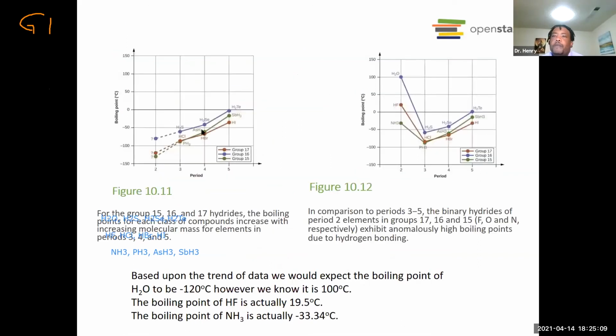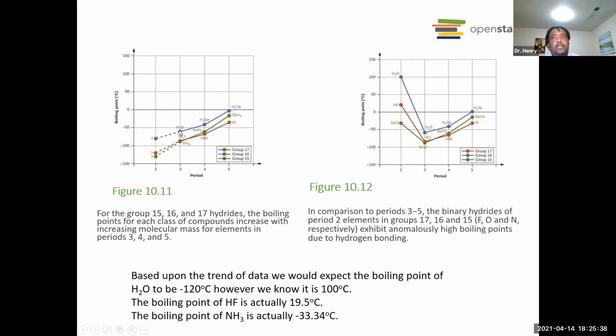Okay. So this is what we would expect. If you guys take a look, let me clear your answers there. So this is figure 10.11. We have our H2S, H2Se, H2Te, right? If you looked at the trend based upon size, we would assume that H2O would be lower than H2S.